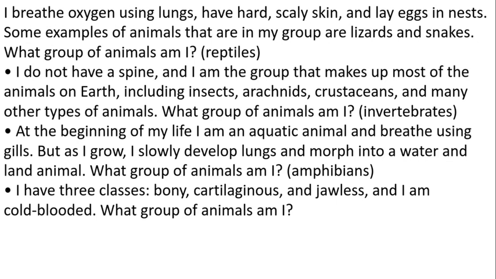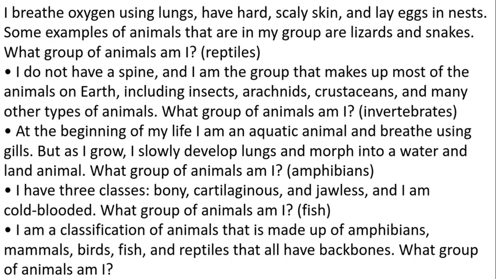What group of animals am I? Well, that one's slightly hard. Remember, there was bony, cartilaginous, and jawless fish. I am a classification of animals that is made up of amphibians, mammals, birds, fish, and reptiles that all have backbones. What group of animals am I? They're all vertebrates. Good job.